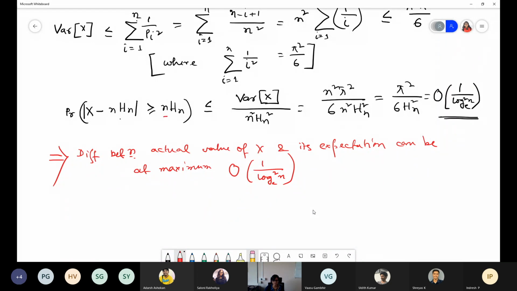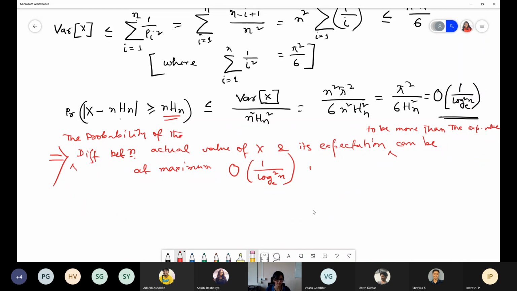Okay, there is another twist here. I can write the probability of the difference between actual value of X and its expectation being more than n Hn, more than the expected value, can be at maximum this.